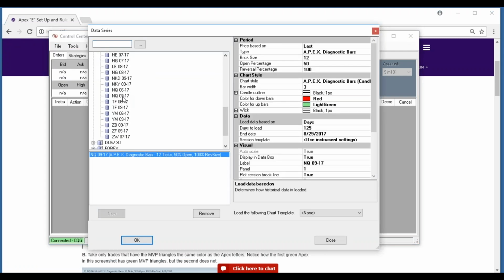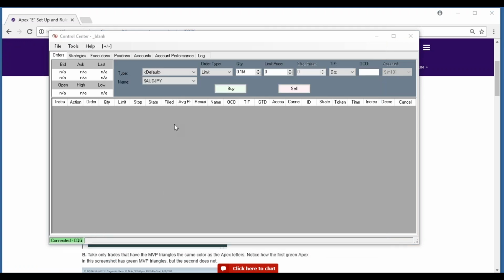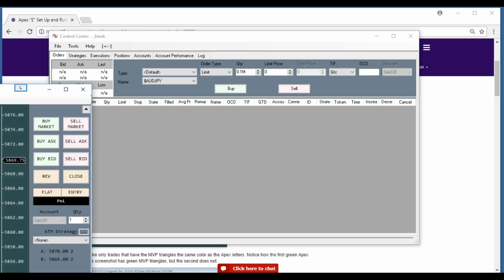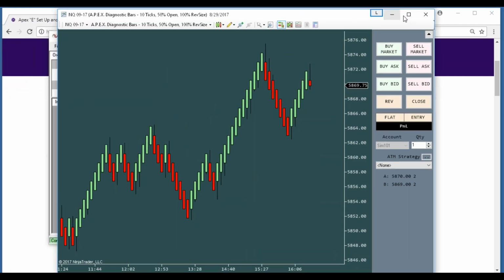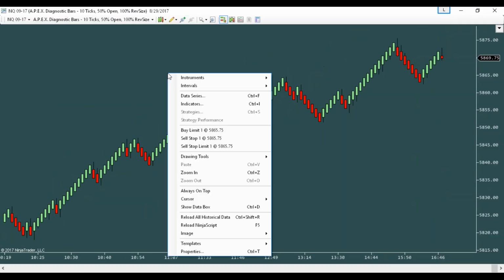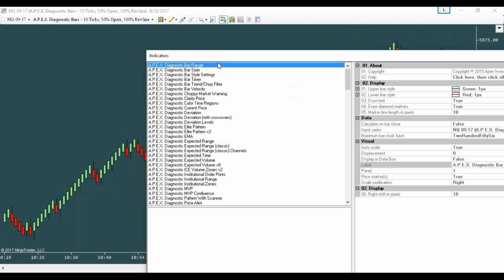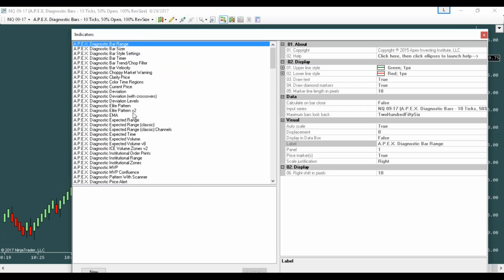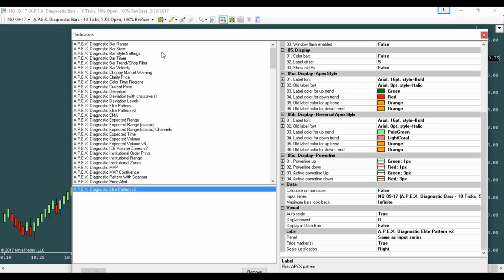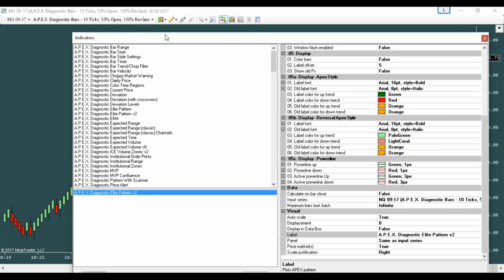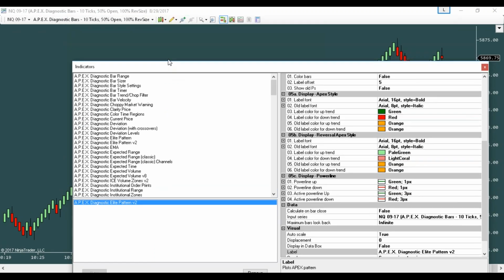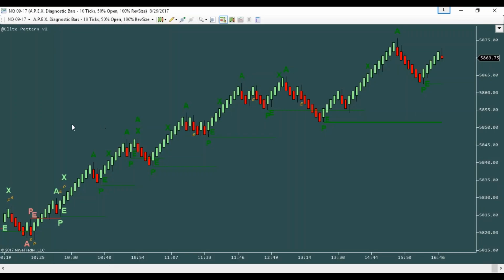I'm just going to get a new chart real quick to give you a quick rundown. I'm going to open this up, and I'm going to do indicators and Apex Elite Pattern version 2. Hit OK.